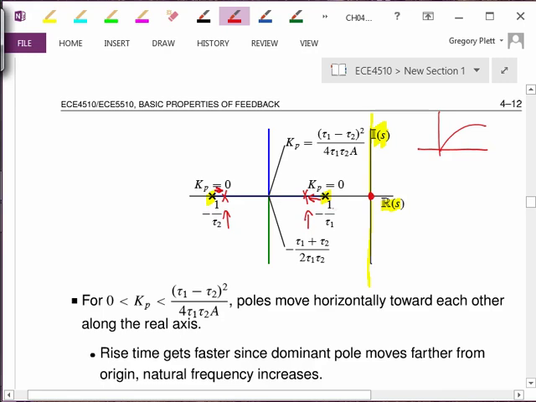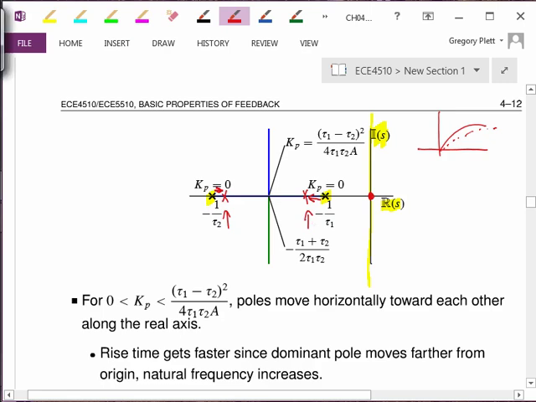So I started out with a pole at -1 over tau 1, so that's a very slow response. And as I increase Kp, that pole moves farther away from the origin, and so its transient, its rise time gets faster, its settling time gets faster.